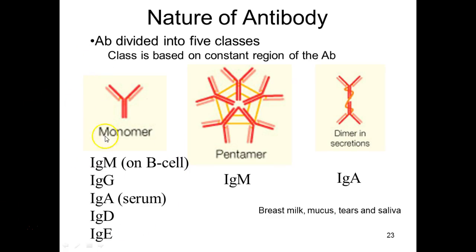IgG, when it's secreted from the B cells, it's in that monomer form. So is IgA if it's in our blood. But once it moves from the blood, right, and goes into the secretions, it forms this dimer. IgD, if it's secreted, it's this monomer. And as I said, we've found recently, too, it's on the surface of the B cell.